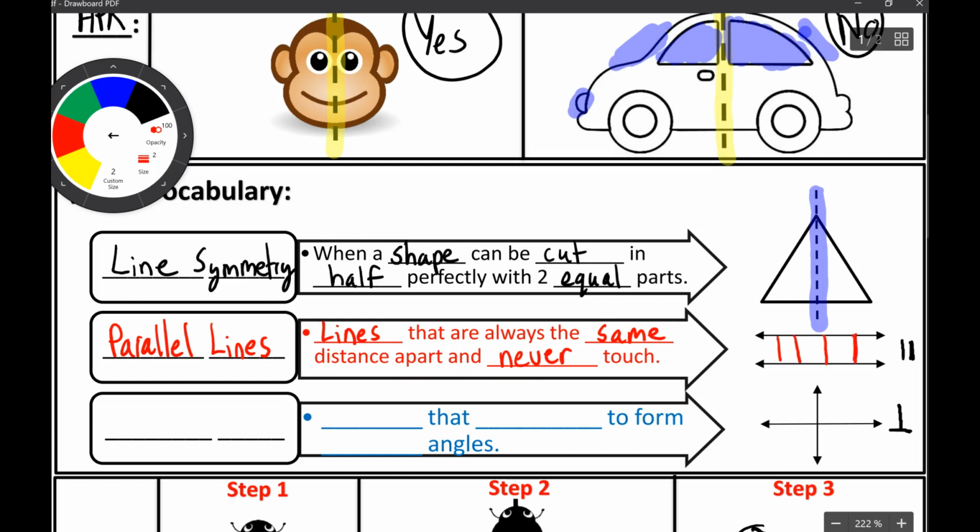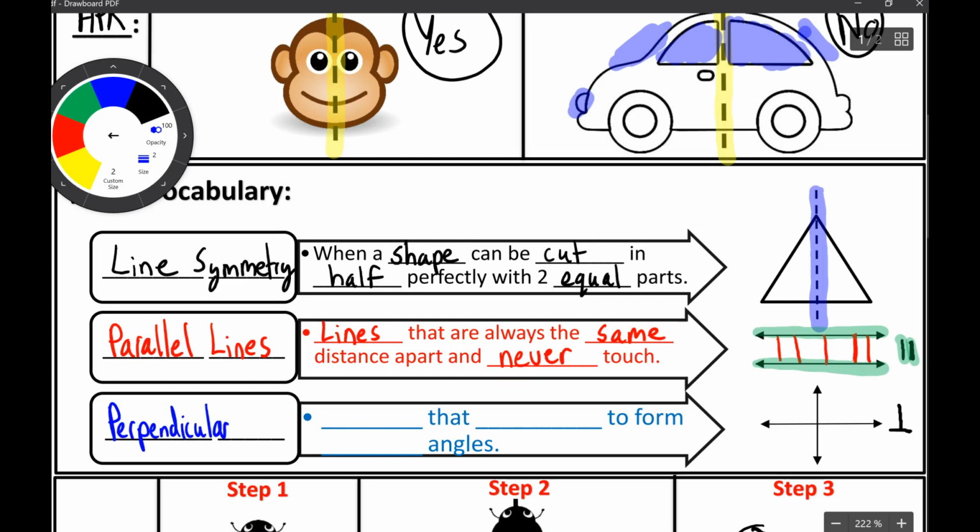No matter how long these lines go for infinity, they will never, ever touch. I have this line going in this way and this line going in this way. So just keep in mind too that when we're writing this out, the actual symbol for parallel lines is just two lines. Going on into our last vocabulary term, we have perpendicular lines.